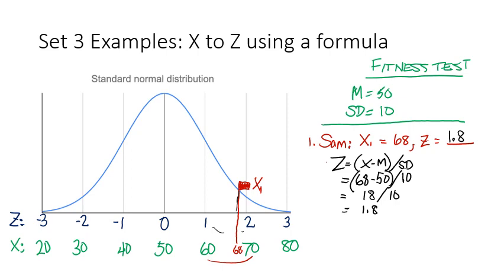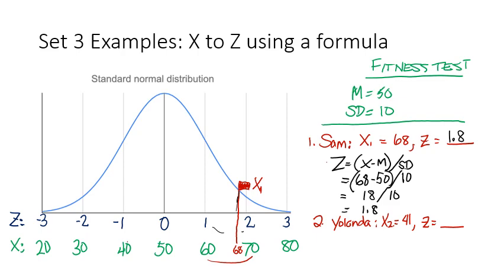For another example, let's take another individual. Yolanda, and her score equals 41. And once again, we could extrapolate what her score might be.